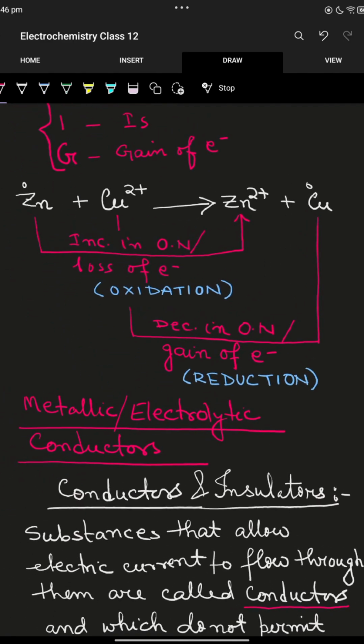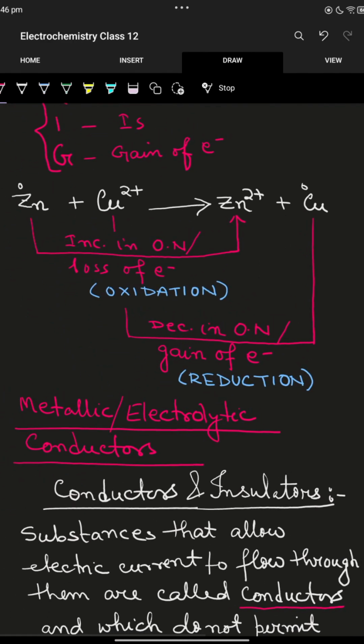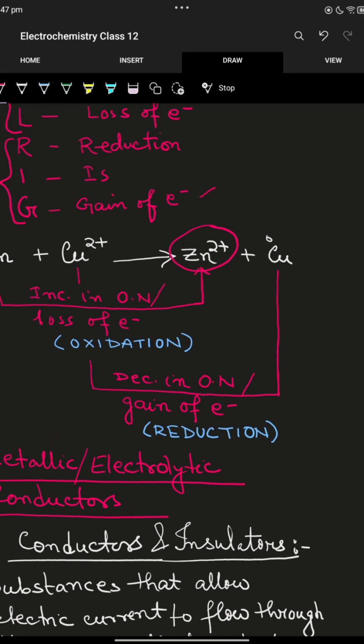Now this is the chemical reaction in the ionic form I have written, that is Zn plus Cu2+, which you will see in the Daniell cell also. Zn plus Cu2+, what happens? Zinc undergoes loss of electron. How many electrons? It forms Zn2+. So you know that zinc undergoes loss of 2 electrons, and it forms Zn2+.